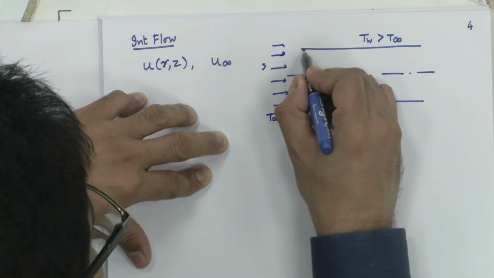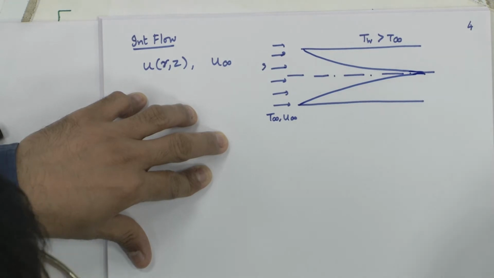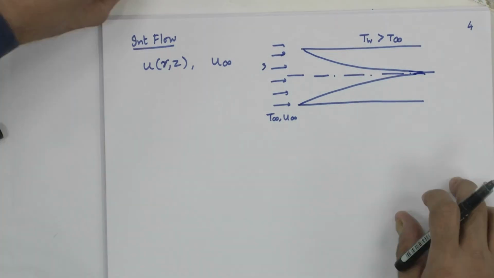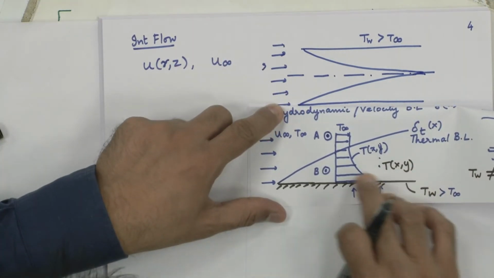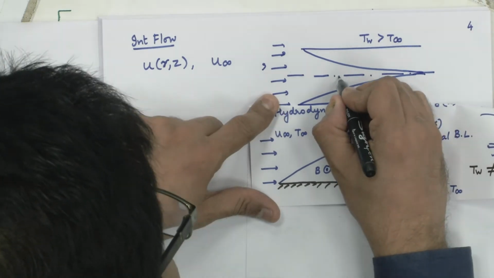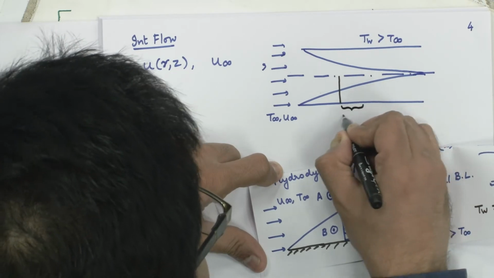A thermal boundary layer is formed like this, and just as you had the temperature profile, please ask the students to visualize that the temperature profile we drew for external flow would be similar here.